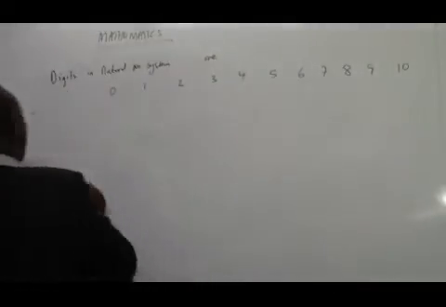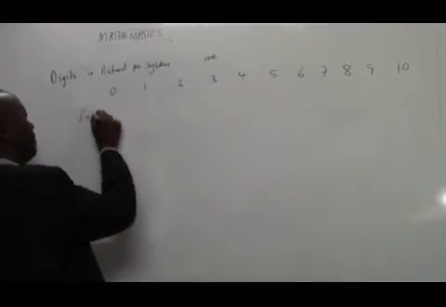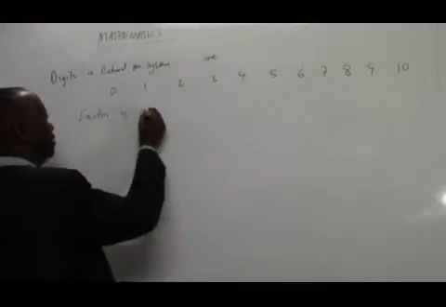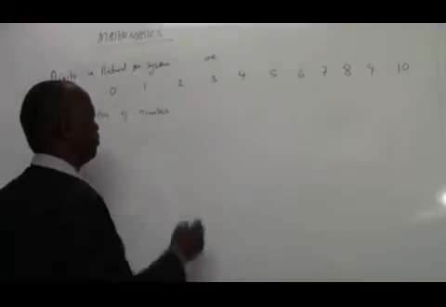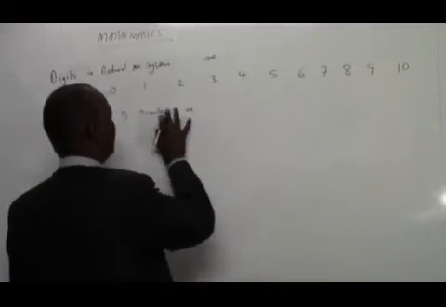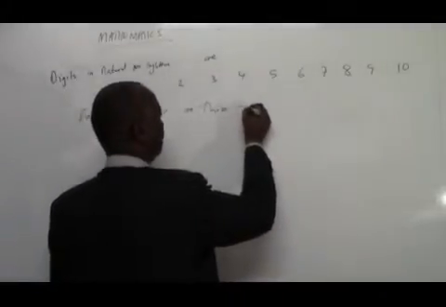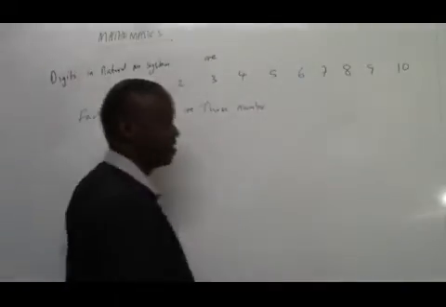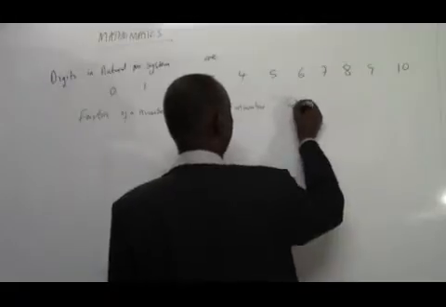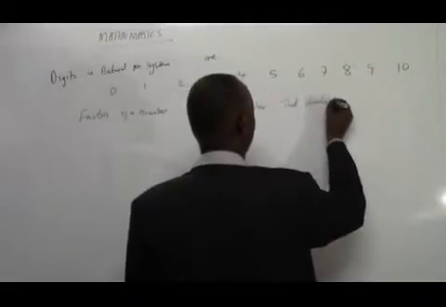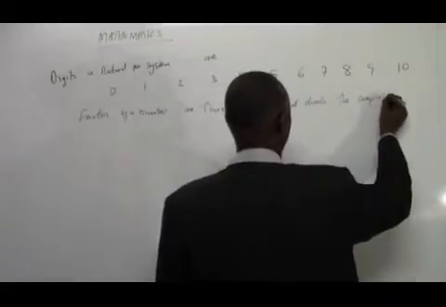When we talk of factors of a number, factors of a number are those numbers that can divide the number completely without any remainder.